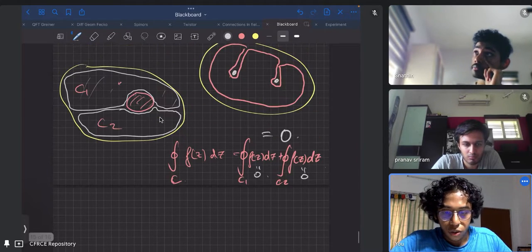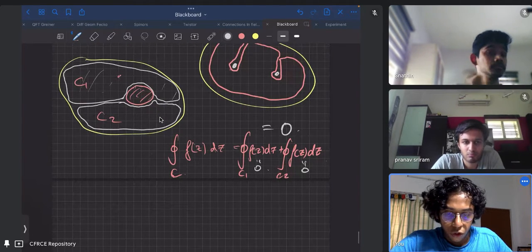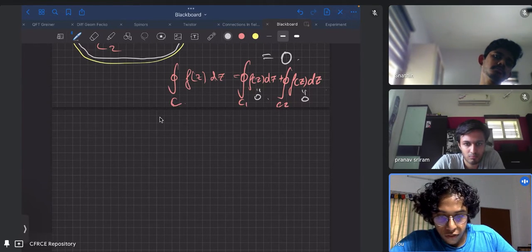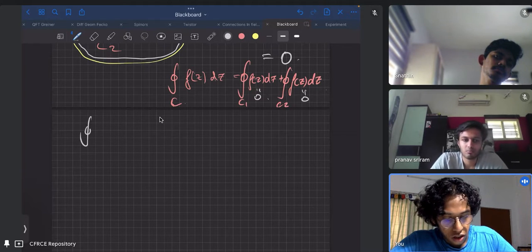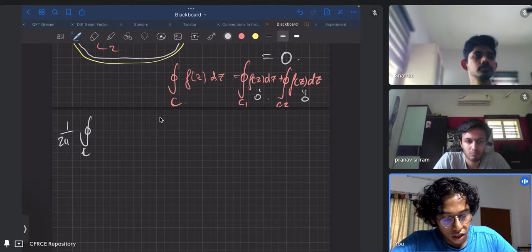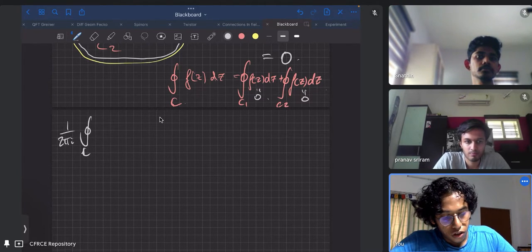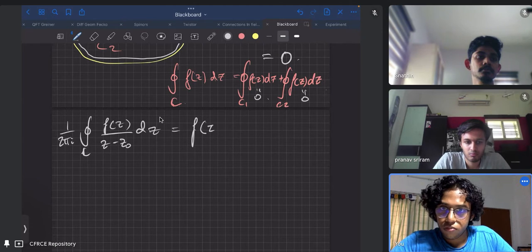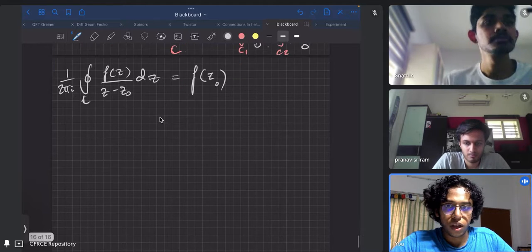Now note that this was a slight detour. Coming back to Cauchy's integral formula, what we have here is the integral over C of 1 by 2 pi i, f of z by z minus z naught dz, is equal to f of z naught.